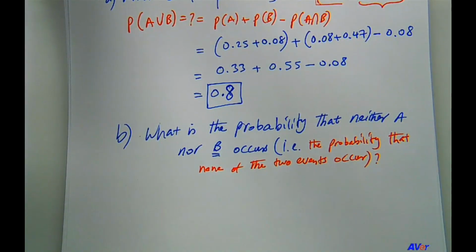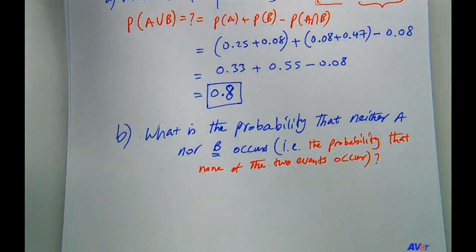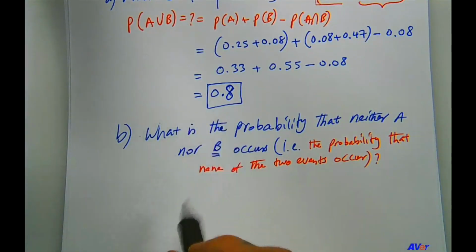Well, this probability is the complement of that, because this probability, what did it represent? The probability that either A or B or both happen. But neither A nor B, that's the complement of that.